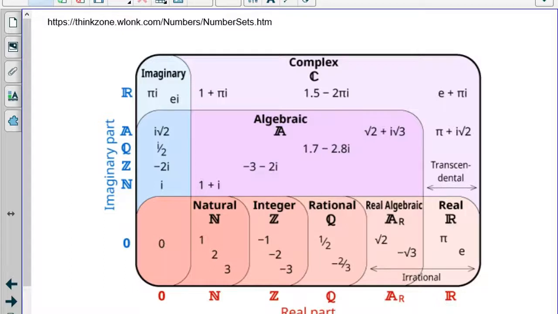Now, here is a bigger picture, and some of this we won't touch on ever, and others of it we'll touch on a little bit later in the year. But we also have what are called imaginary numbers. So, imaginary numbers, that's this over here.